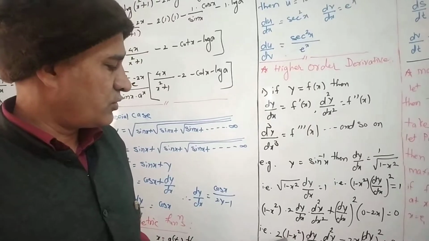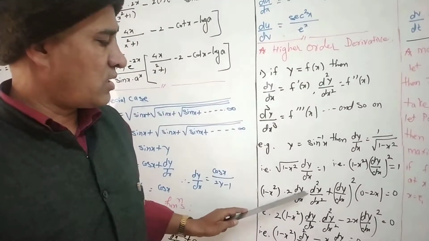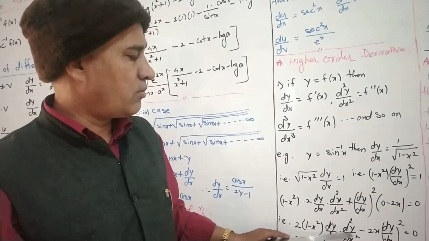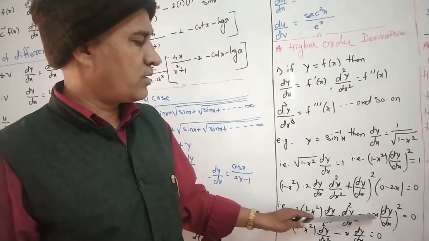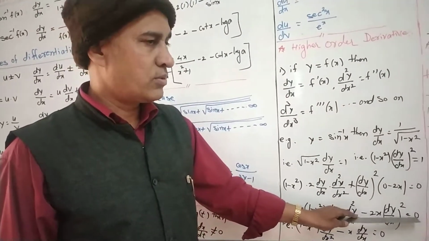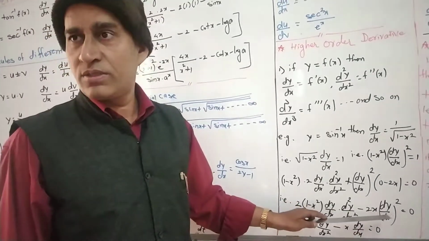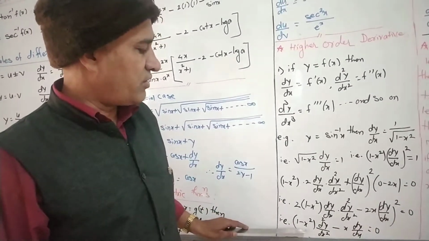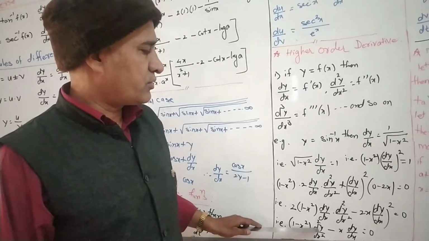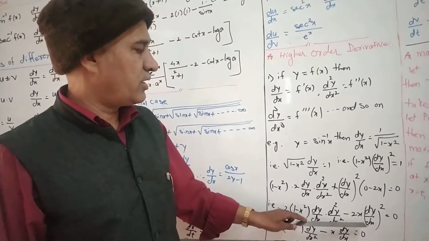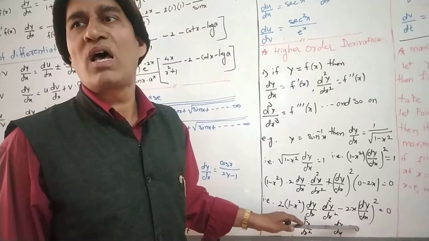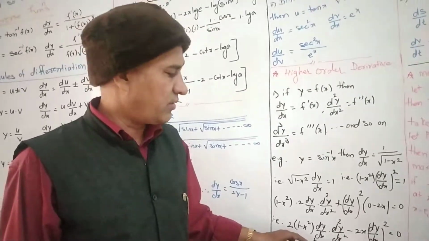It can be written as 2 times 1 minus x square times dy by dx times d2y by dx2, minus 2x times dy by dx the whole square equal to 0. Now, dividing throughout by 2 dy by dx, we get 1 minus x square times d2y by dx2, minus x times dy by dx equal to 0. And it is our required result or required proof.